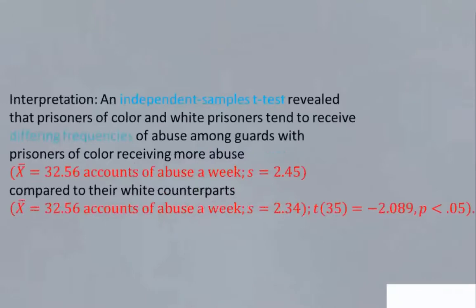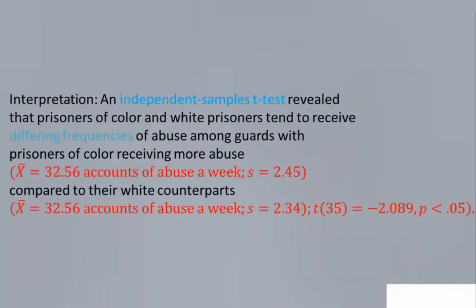And so again, as usual, I put in blue some of the important pieces and in red the data here. So our interpretation would be something to the effect of, an independent samples t-test revealed that prisoners of color and white prisoners tend to receive differing frequencies of abuse from guards, with prisoners of color receiving more abuse compared to their white counterparts. Right?